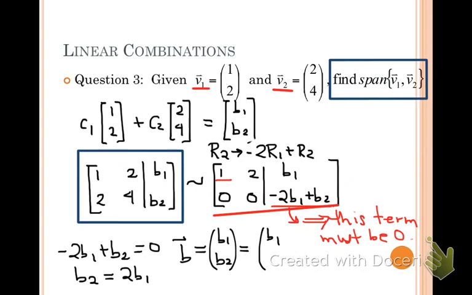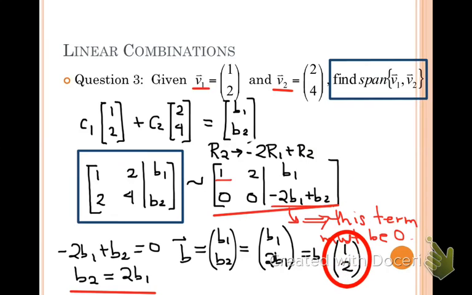But notice that we can write b2 in terms of b1. If we do that, we replace b2 in our vector with 2b1. Now both of these terms have a b1 in common, so I'm going to take a b1 out. And so we see that the solution is that the vector b that represents the span of the vectors v1 and v2 is any vector that is a constant multiple of the vector (1, 2).